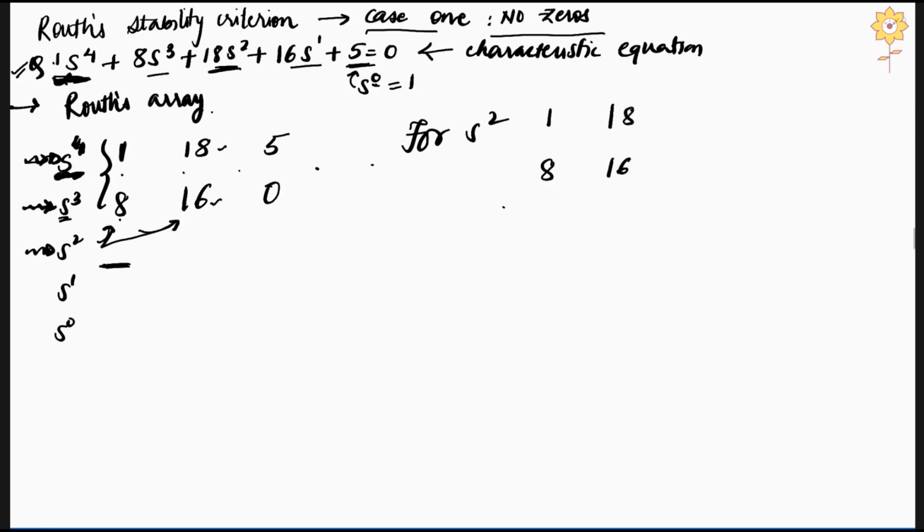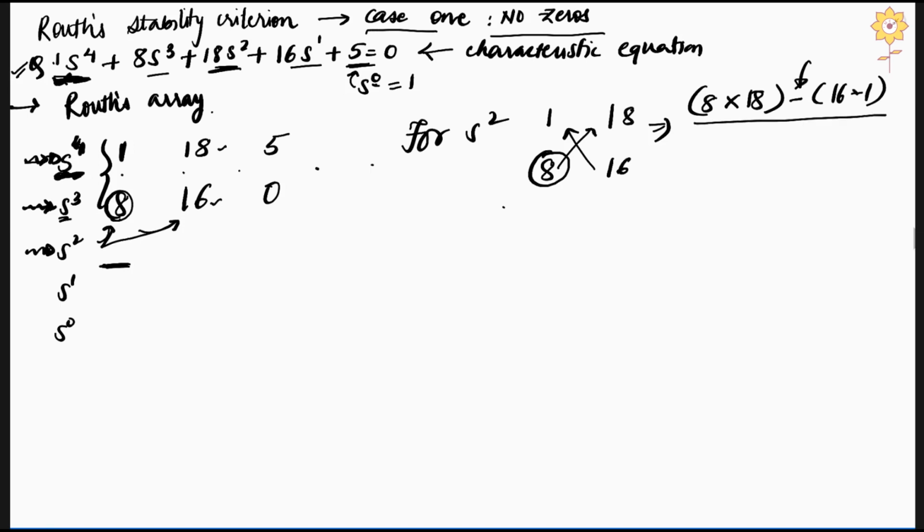Then we will be doing a cross multiplication. We will always be starting with the number that is just above here. We will write 8 into 18 minus 16 into 1, divided by 8. After you solve this, the final answer that you will get is 16.